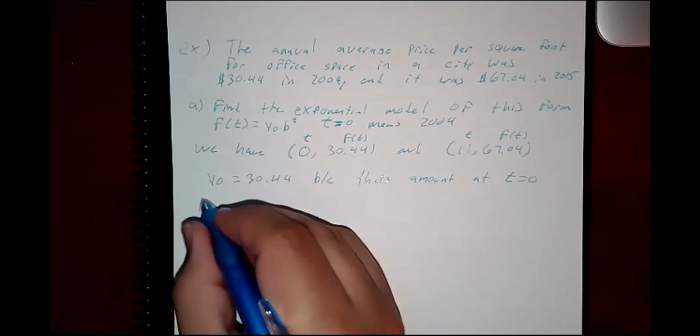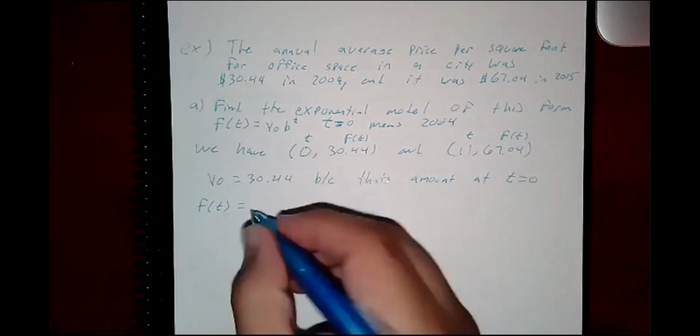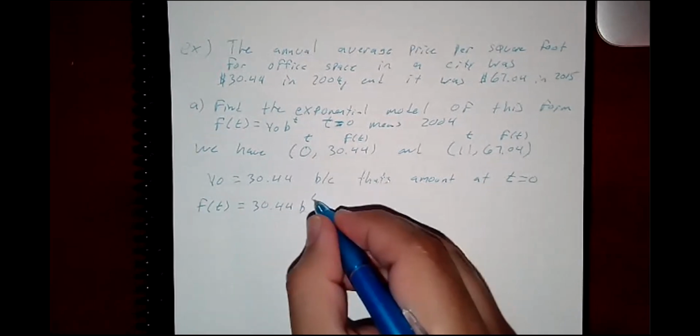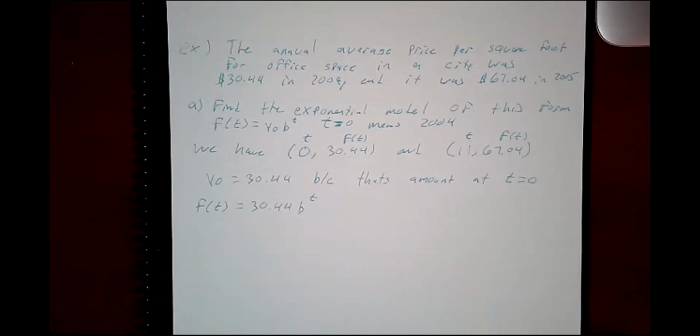So now we have f of t equal to 30.44 b to the t. So we just need to plug in the other point and solve for b.